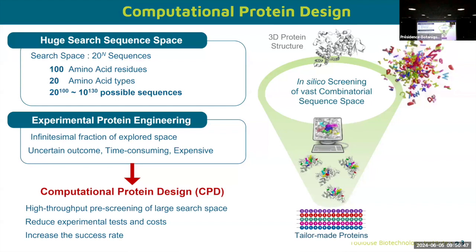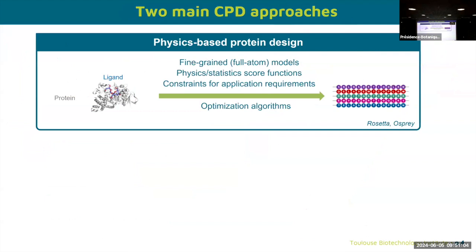There are two main approaches of computational protein design, or CPD. The first one is a physics-based approach. It uses a 3D structure or model of a target protein, with physics and statistics-based scoring functions or fine-grained models and optimization algorithms to predict the most favorable sequences.